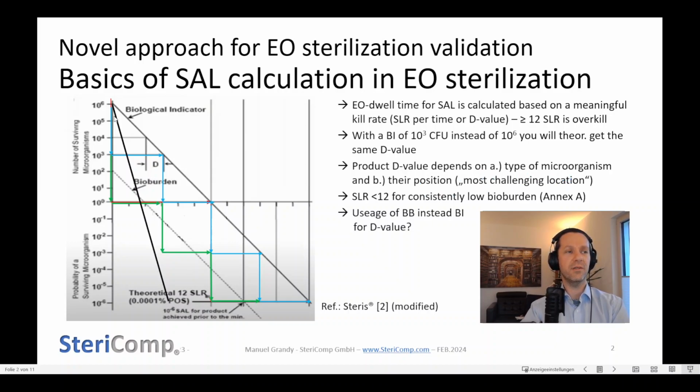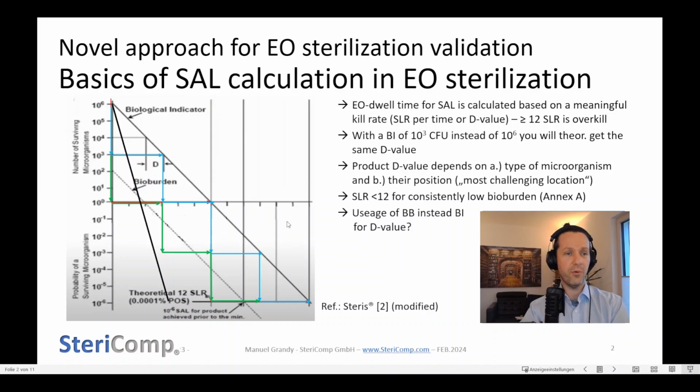So the BI you could put into your most challenging location. For the product bioburden, well, you don't know on the day of testing what the product bioburden is at this challenging location. You could figure it out, you could measure it, which would be challenging, but usually you won't do this, and you don't have much influence on this. With the BI, I place it at the most challenging location.